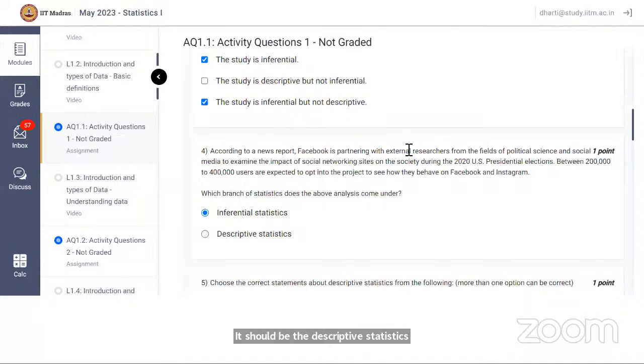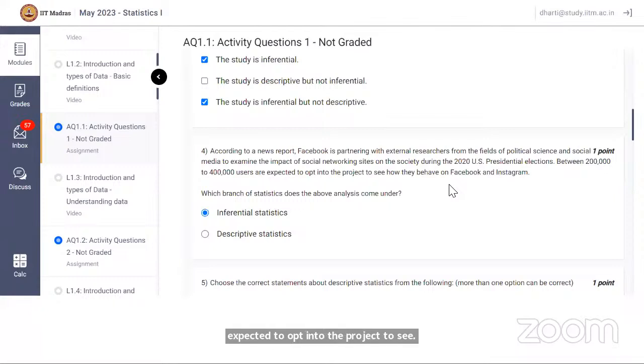A news report: Facebook is partnering with external researchers from the fields of political science and social media to examine the impact of social networking sites on society during the 2020 US presidential elections. Between 2 lakh to 4 lakh users are expected to opt into the project to see how they behave.